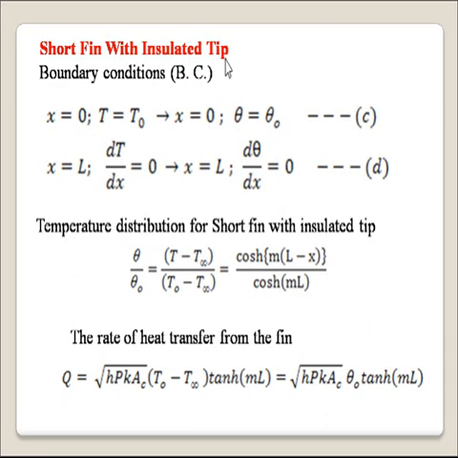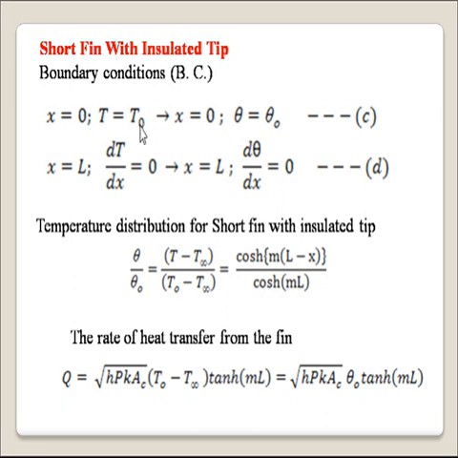So at the tip, we have the boundary condition x equal to L, dT by dx equal to 0. So at x equal to L, d theta by dx equal to 0. And at the base, x equal to 0, the base temperature is T naught, theta equal to theta naught.